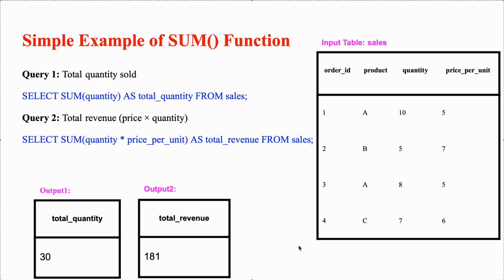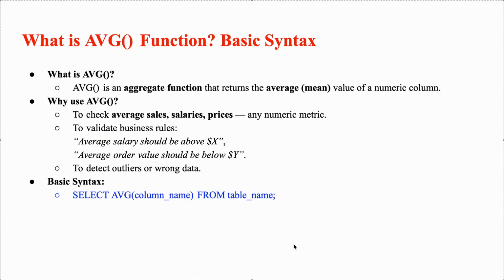Next, we have the AVG function, which calculates the average or mean of a numeric column. So, why do we use it? Well, it's great for checking things like average sales, average salaries, or average prices. Really, any kind of numeric metric.